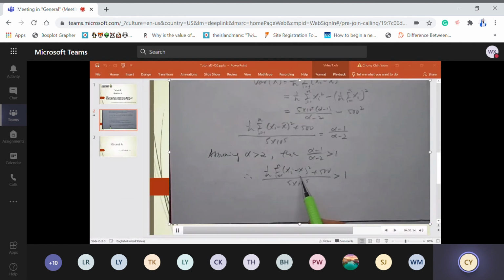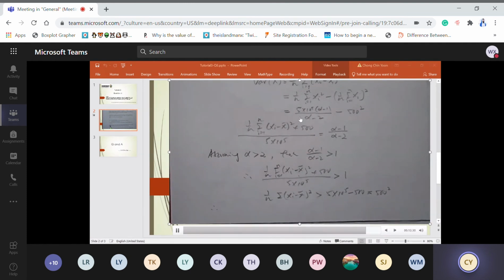And rearrange this again, then we will have this empirical variance, which is always greater than 5 times 10 to the power of 5 minus 500, and this is equal to 500 square.